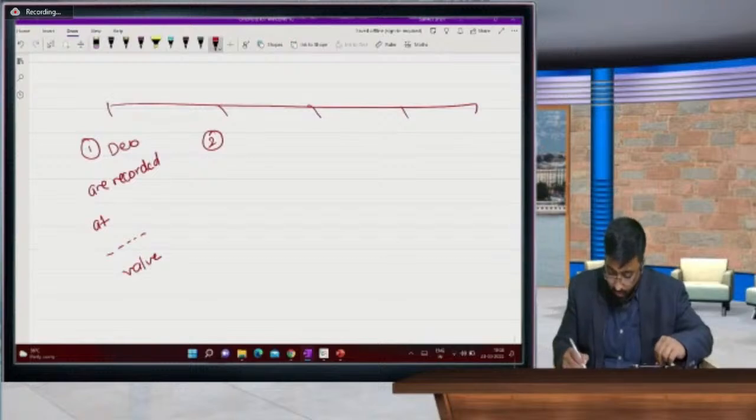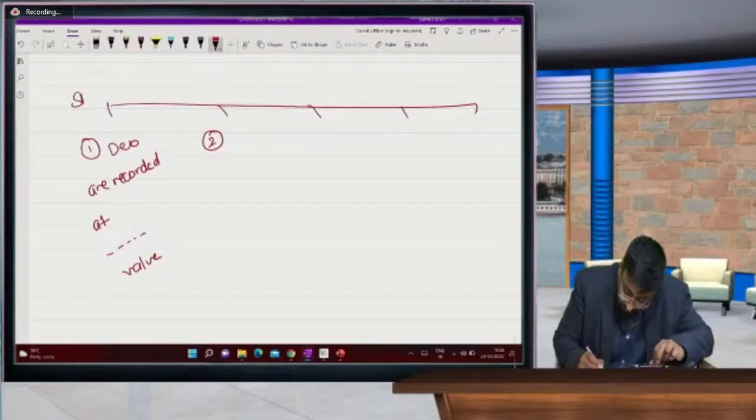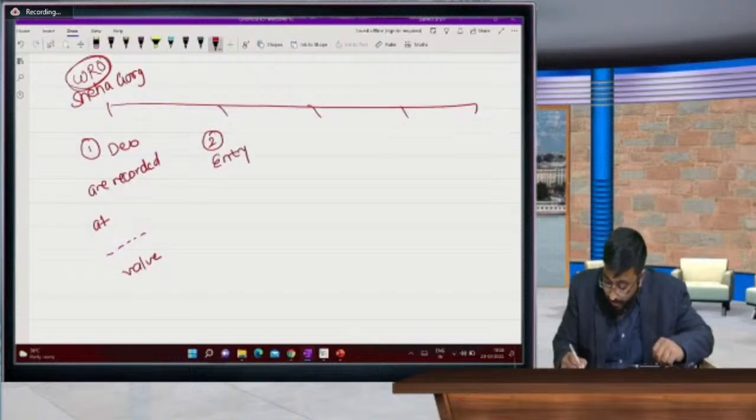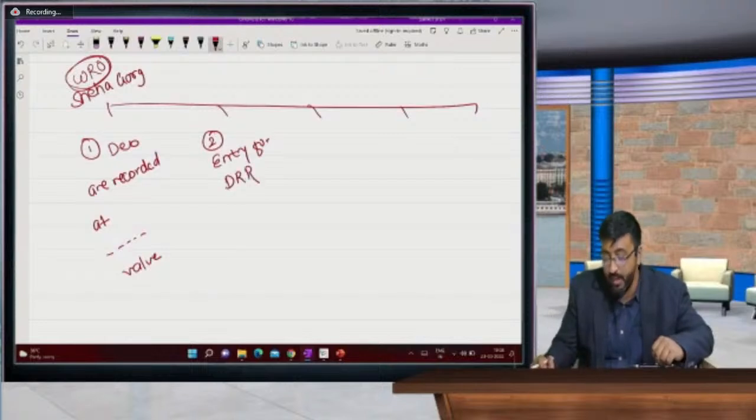Yes, what is the first answer by Sneha Garg? WRO student. Second question, entry for DRR. What is the entry for DRR?